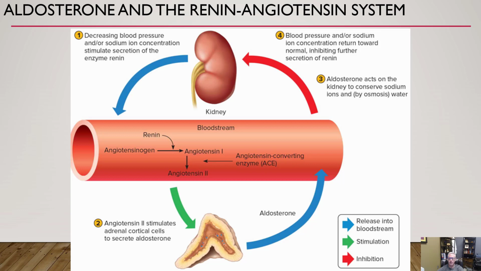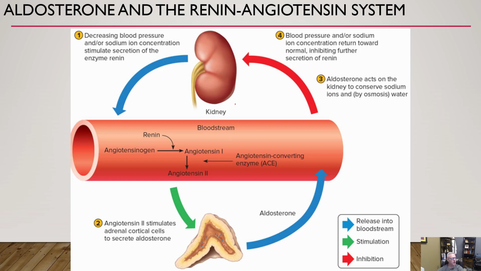So we have this enzyme called ACE, angiotensin converting enzyme, and you've heard of ACE inhibitors to treat hypertension. They bind to the ACE, blocking the formation of angiotensin 2. And then bradykinin, a vasodilator, can now work to lower your blood pressure.